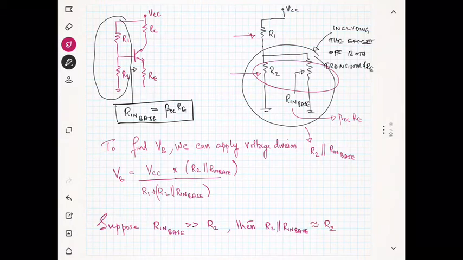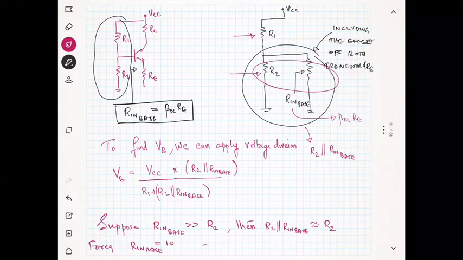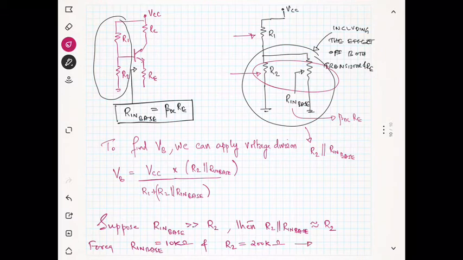For example, we suppose R in base is equal to some 10 kilo ohms, and R2 is equal to some 200 kilo ohms, then you can see here your R2, sorry, suppose you can consider the example like this.